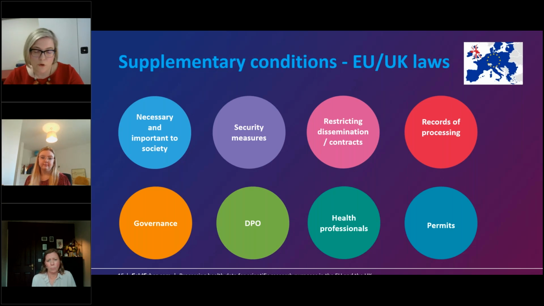Moving on to a broader topic, which is the topic of governance. In some countries, some of the additional conditions revolve around having a governance framework in place. So, for example, under Irish law, one of the measures that you're required to implement is putting together appropriate governance structures for carrying out health research.